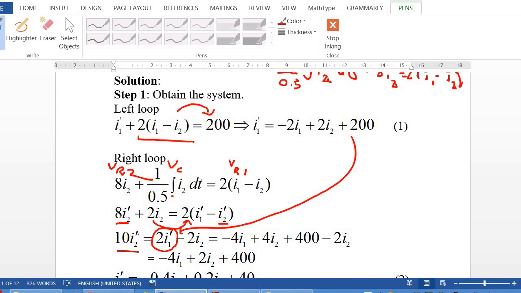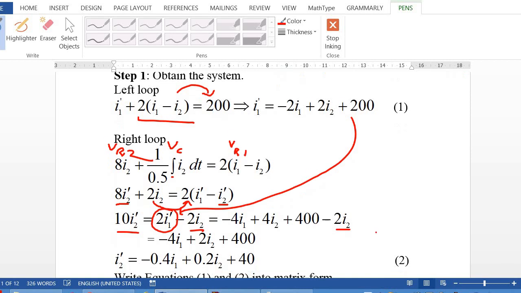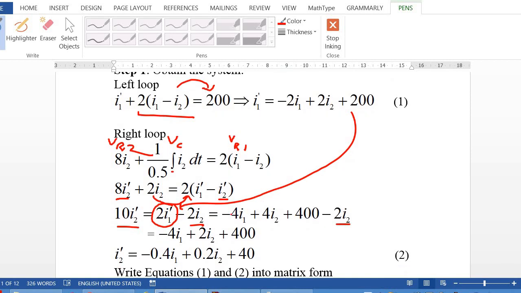That's why 10 I2 prime, 2 times here, so in total we have minus 4 I1, 2 times I1 prime, so this becomes 4 I2 plus 400, and then this is minus 2 I2.